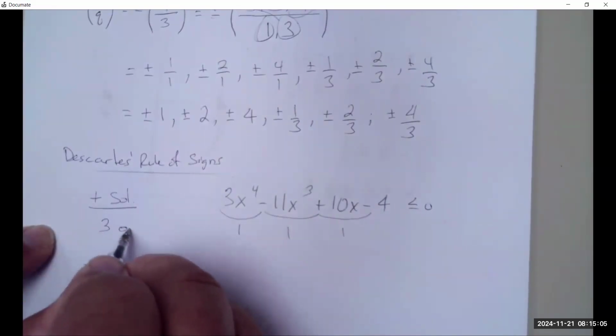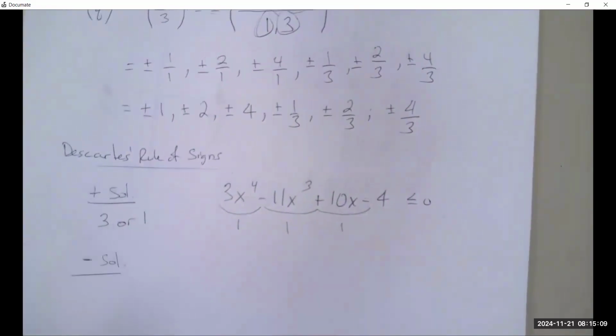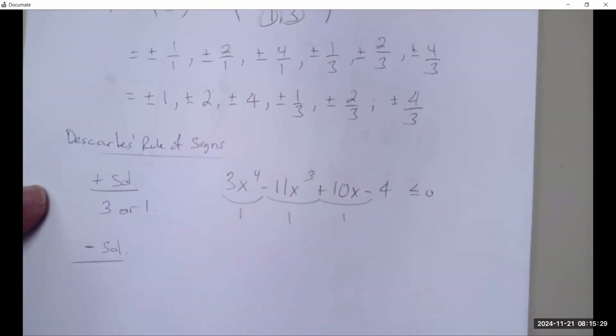Very good, 3 or 1. Why do we subtract 2? Conjugate pairs. Exactly. Because if our answers are imaginary, we have to have conjugate pairs. Or if they're radicals, then they have to be in conjugate pairs. So we're going to have 3 or 1 positive solutions.